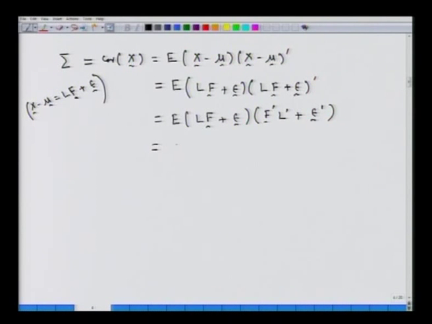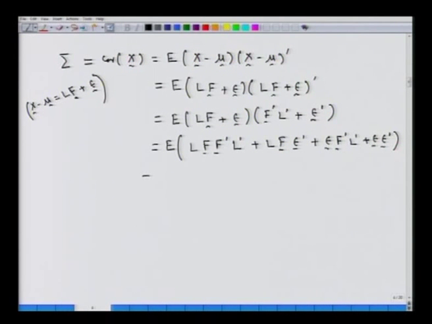Now, we will take the product and then take the expectation inside. So, taking the product, this is equal to LF F transpose L transpose. The second term is L F epsilon transpose, plus the term epsilon times F transpose L transpose, and the last term is epsilon epsilon transpose.